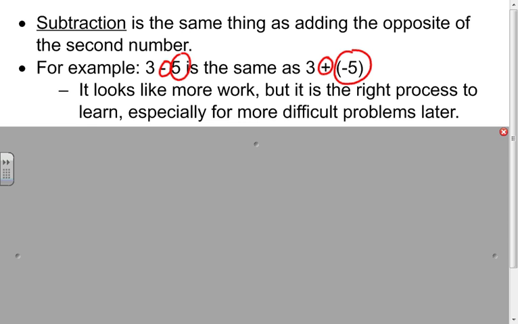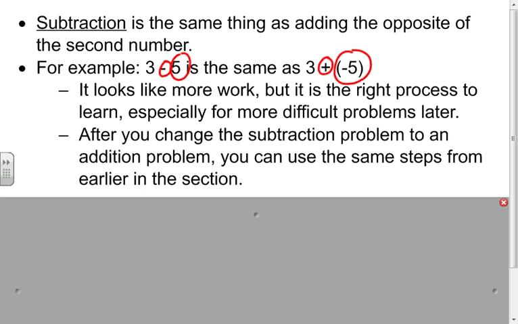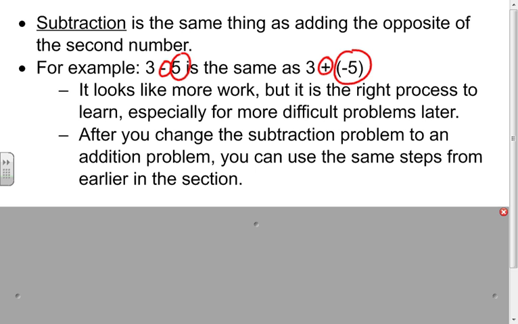Now, this looks like you're really doing more work, you're making it more complicated. It's the right process to learn, especially again when we use more difficult problems later. Okay? After you change the subtraction problem to a new addition problem, use the same steps that we used before. The stuff with the same sign, the stuff with the different sign.